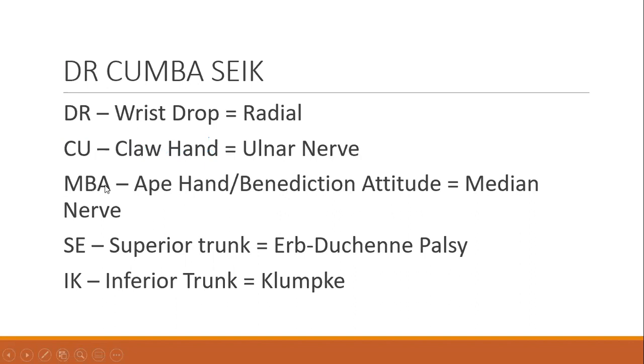The MBA representing either ape hand or Benediction attitude, which you get from median nerve damage. The SE representing superior trunk damage causing Erb-Duchenne palsy. And then the IK representing inferior trunk damage, which will give you Klumpke. So this is just a helpful mnemonic that me and my classmates used when trying to remember all of this.